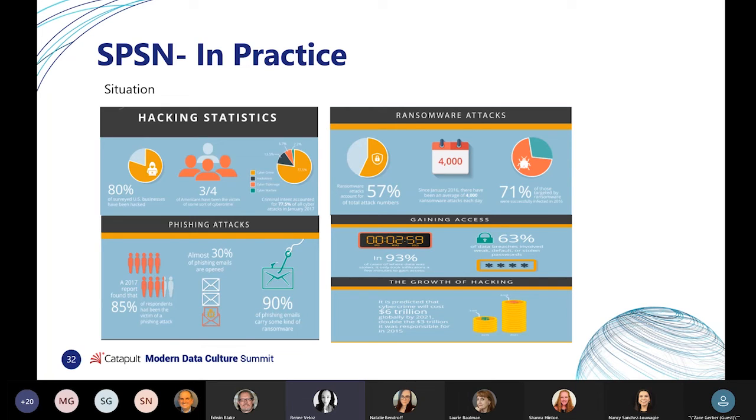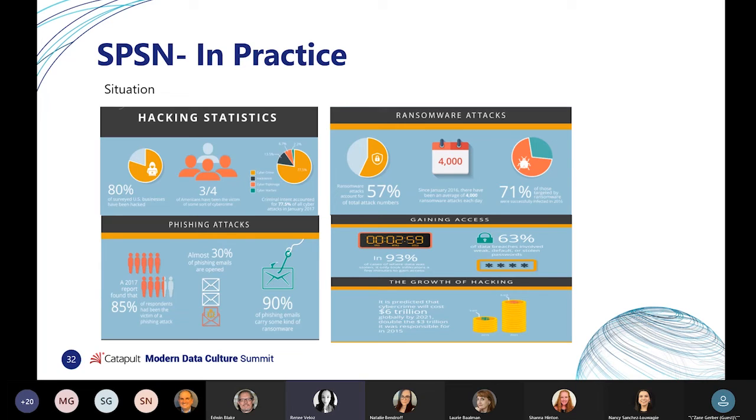So each of these is kind of quantifying what the attacks look like in the US. Same with phishing attacks. It talks about 85% of respondents having been the victim of a phishing attack, and 30% of phishing emails are opened. 90% of phishing emails carried some kind of ransomware.